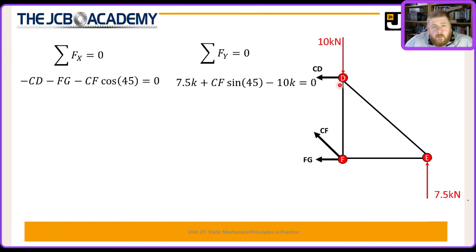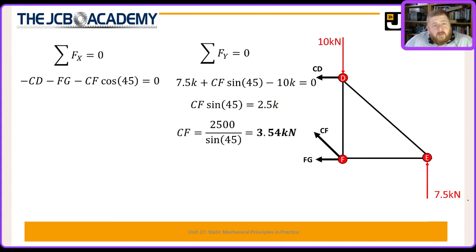So CF sine 45 is equal to 2.5k minus 10k plus 7.5k, which is minus 2.5k. Taking it to the other side of the equals, we get plus 2.5k. Divide that by sine 45, and again CF comes out exactly as we had in our method of joints.